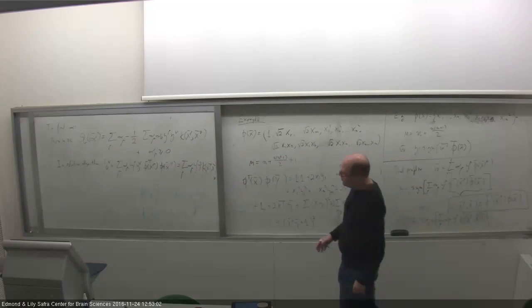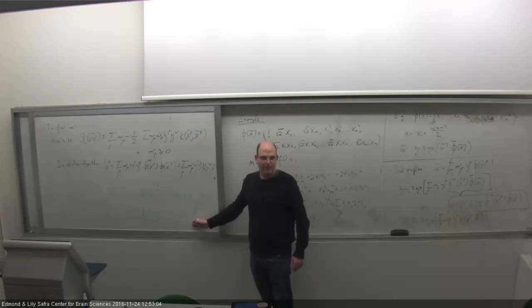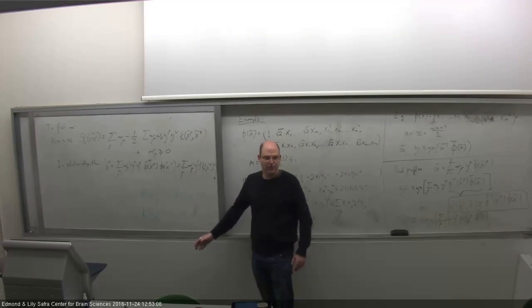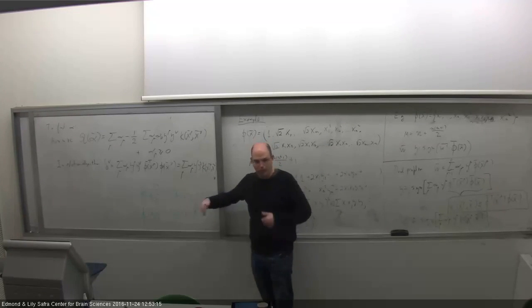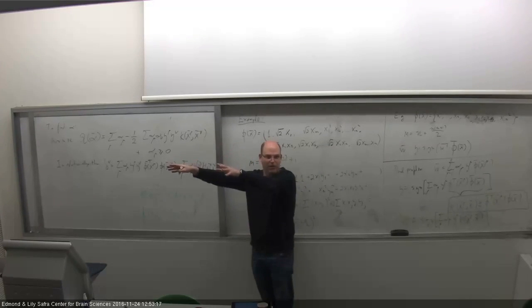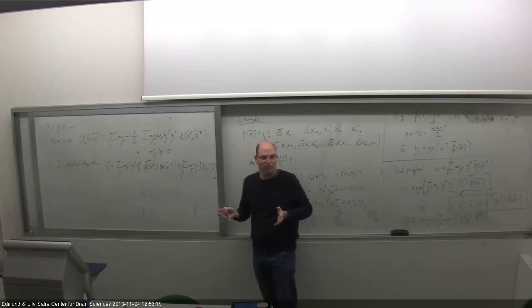This object can be written as a scalar product in an even higher dimensional space than this one. So it's very easy actually to think of kernels that would correspond to a scalar product in some higher dimensional space. It can have huge dimension.